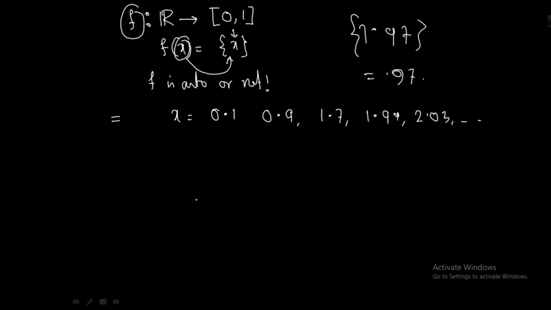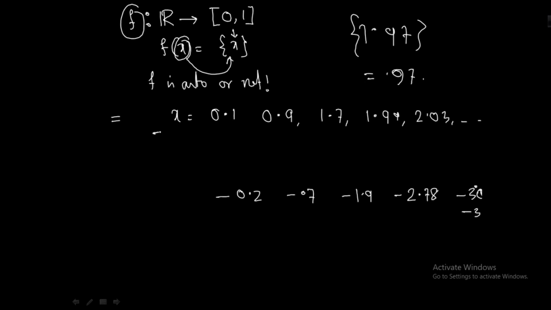And some negative numbers as well: minus 0.2, minus 0.7, minus 1.9, minus 2.78, minus 3.09, and so on, and minus 3.0. 3.0 means 3.